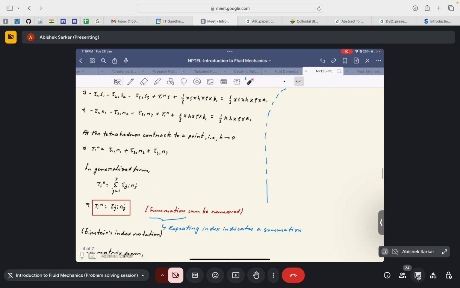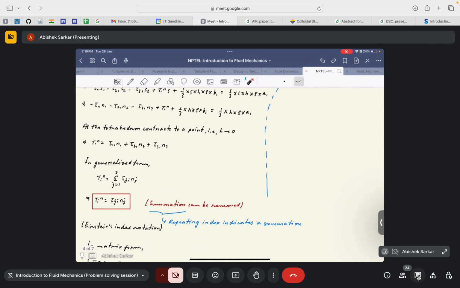Okay, or in a generalized form, as discussed by Professor Chakraborty, this can be written as tau i n, because if you substitute 1 by 2, then all these ones have to be replaced by 2. So to generalize this expression, we can write tau i n is equal to the summation over j from 1 to 3 of tau ji into nj.